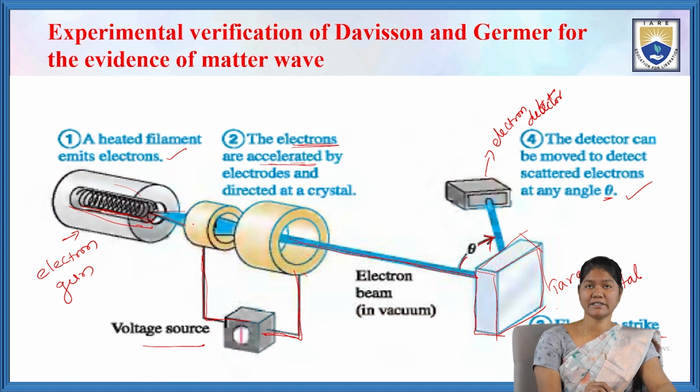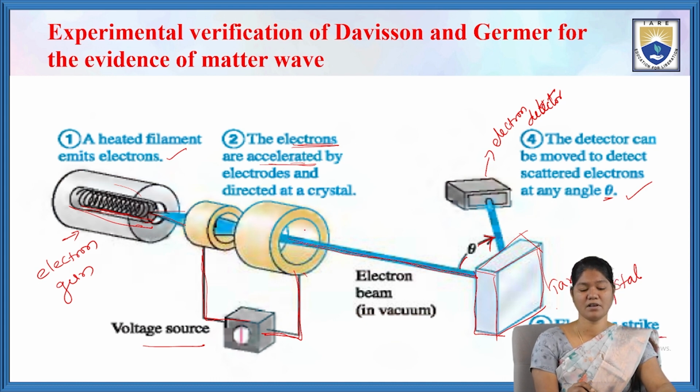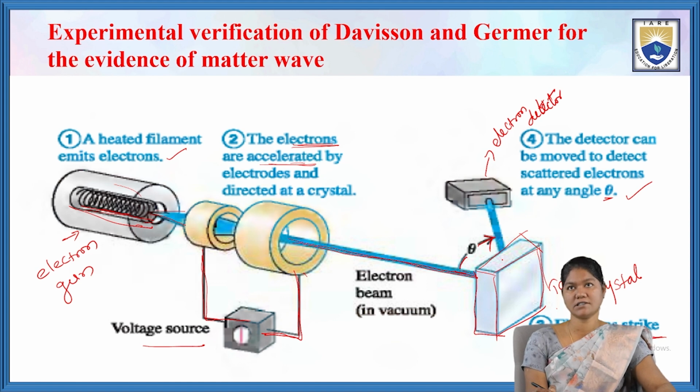These accelerated electrons pass towards the electrodes, and we get a fine beam of electrons. These electrons then fall on the nickel crystal, which is the target crystal.